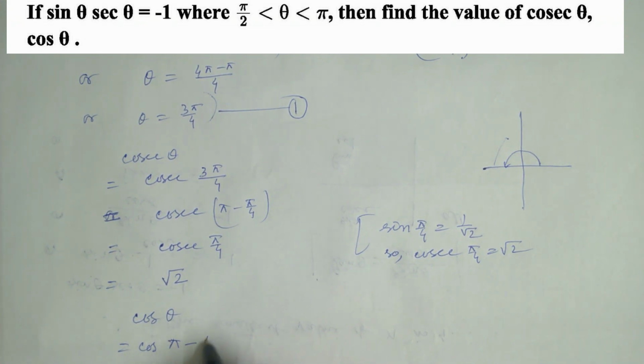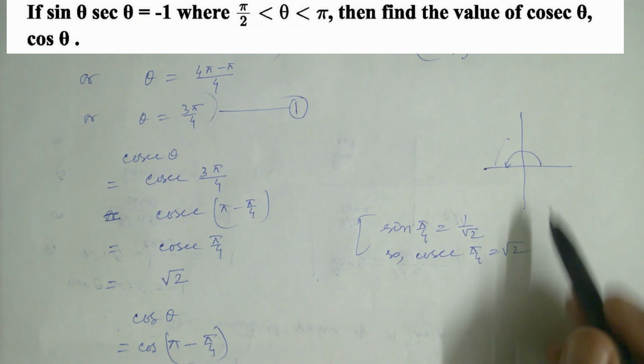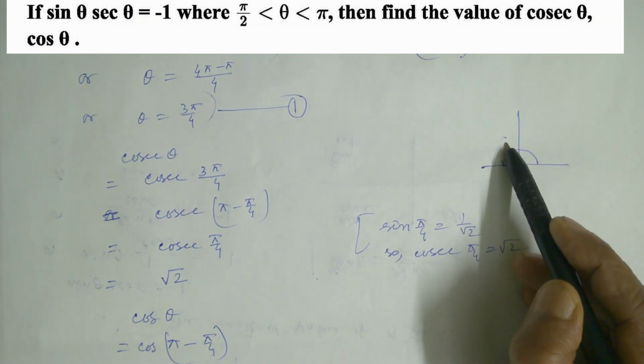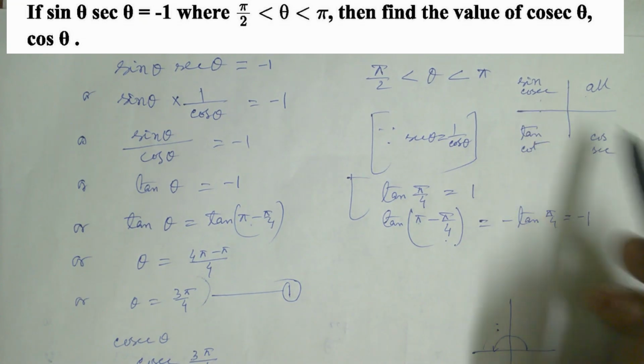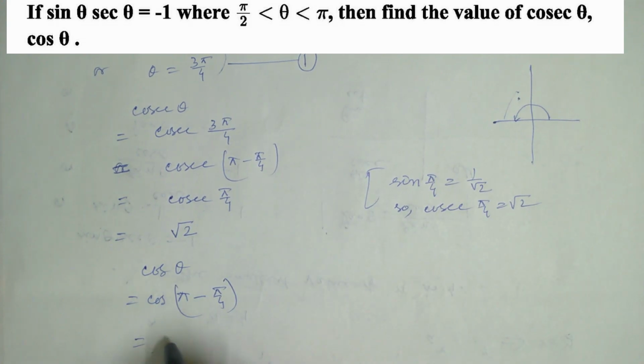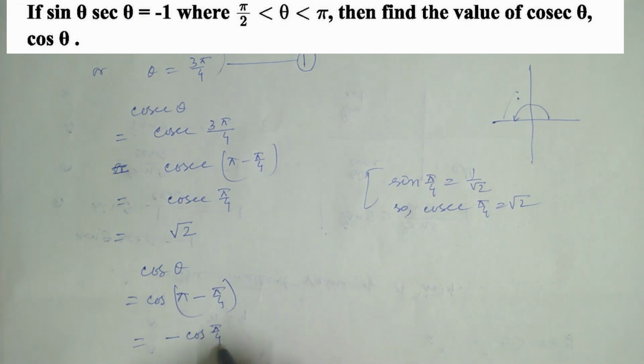Writing it this way, pi minus pi by 4, same case, second quadrant angle falling, in the second quadrant only sin and cosec are positive, so cos will be negative here, so this will be minus cos pi by 4. Cos pi by 4 means cos of 45 degrees, that is equal to 1 by root 2.